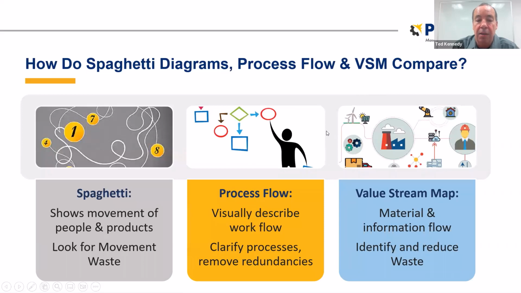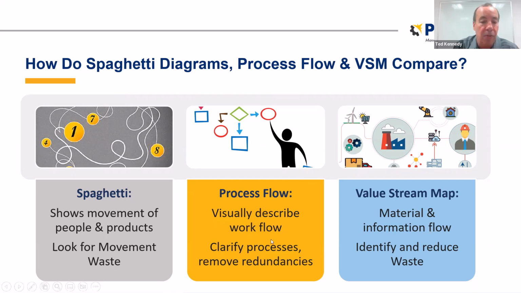So a spaghetti diagram shows the movement of people and products, which we went over. The process flow diagram is really the flow of information and material through your system. And value stream mapping is similar to the process flow, but you really look at waste in more detail to eliminate waste.